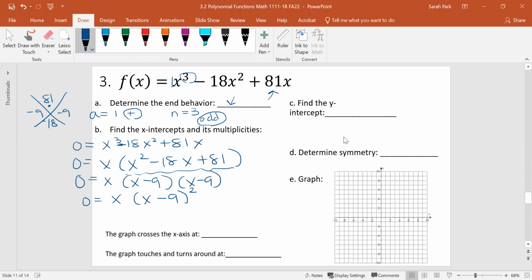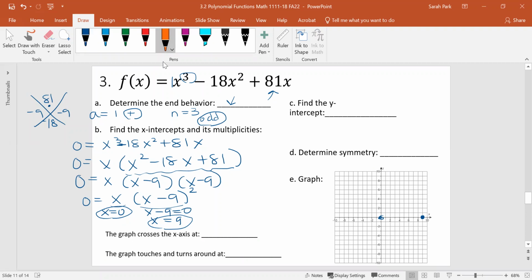Okay, so we have our 2 factors. We can set that equal to 0. So we have x equal to 0 and x minus 9 equal to 0, where we get x equals 9. So we have 2 x-intercepts at 0 and 9. So we'll put that in, 0 and 9. And now what are its multiplicities?